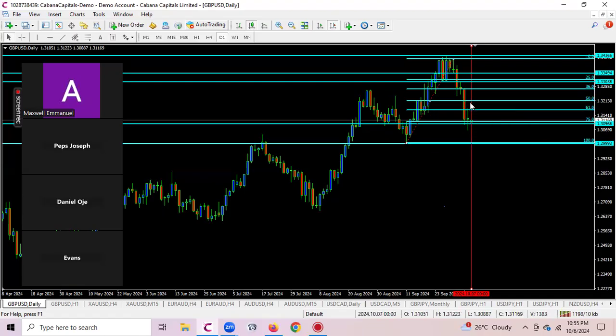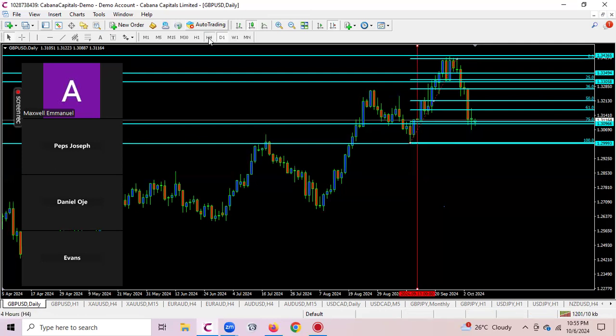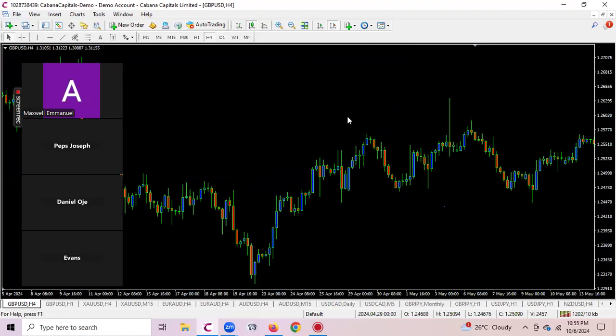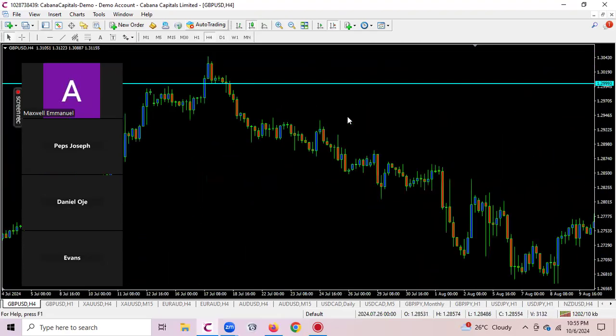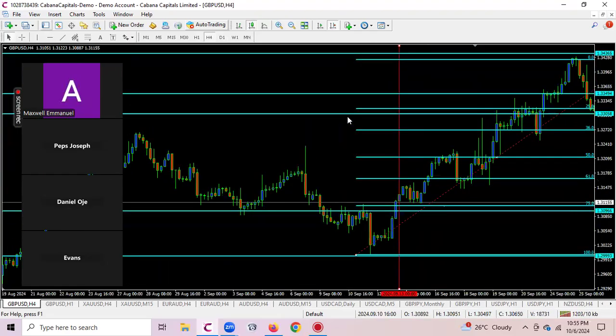Also, if you go back, at this point, I believe the fair value gap was created here. Let's go down to lower time frame. A fair value gap was created. Okay, cool. So you can see here a fair value gap was created.